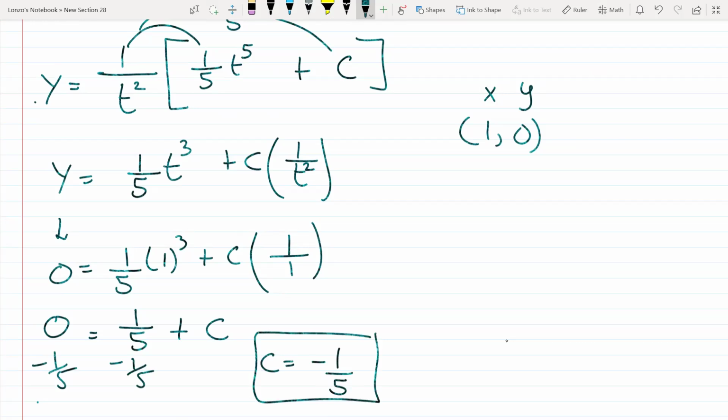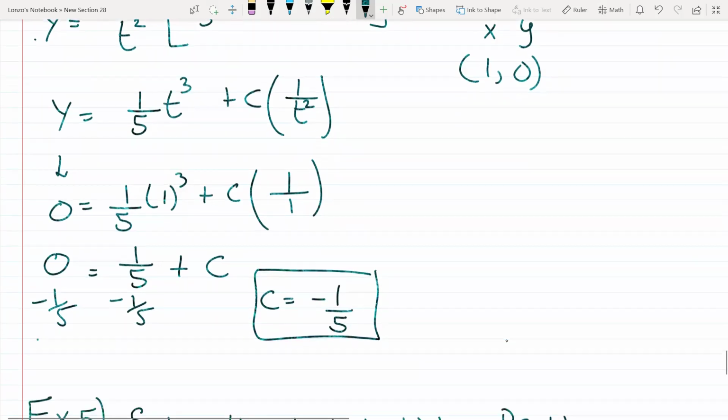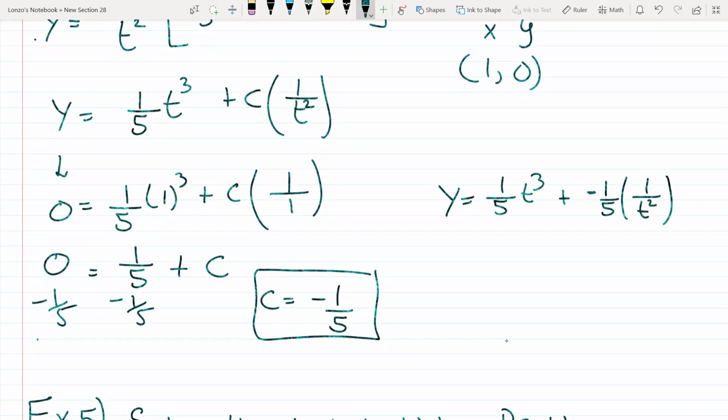Okay, then your final answer is going to be y equals 1/5 t cubed plus my c value, which is negative 1/5, times 1 over t squared. So this part here is like a complex fraction. It's like saying negative 1/5 divided by t squared. And it's a complex fraction, so you can simplify that.